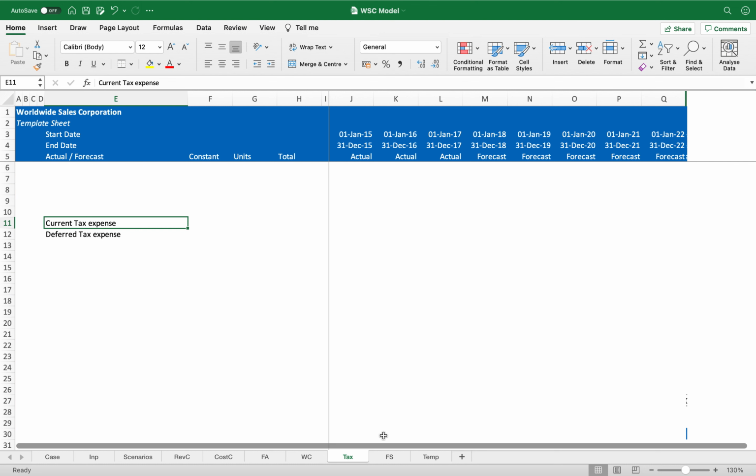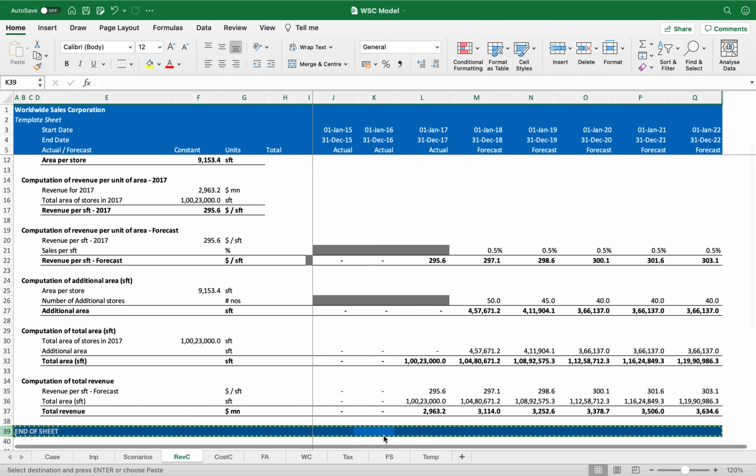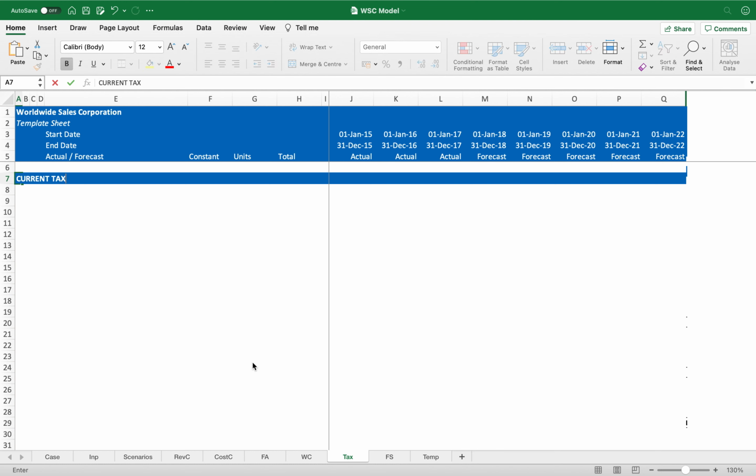Current tax expense is whatever is your net income for government purposes, for taxation purposes, you apply the tax rate and you get your current tax expense, right? But there is a separate computation for the deferred tax expense. Okay, so let's compute current tax expense first.